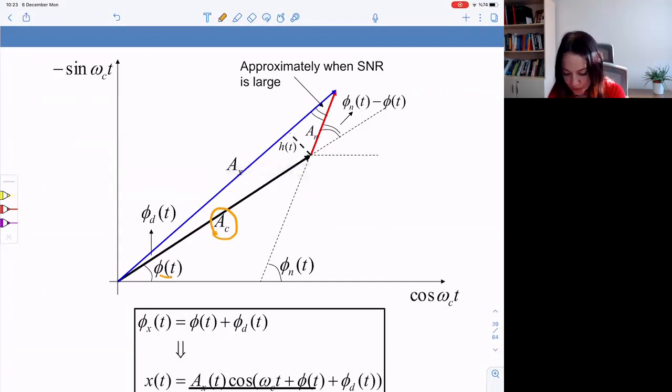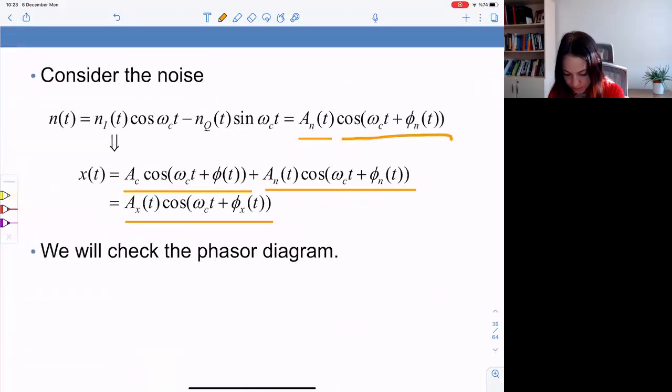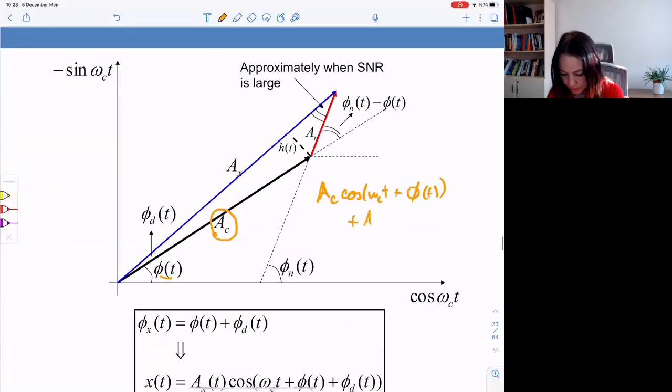Anyway, so we're talking about A_C cos(w_C t + phi(t)) plus A_N(t) cos(w_C t + phi_N(t)). The noise is this red vector, and the angle of the noise is this phi_N(t).